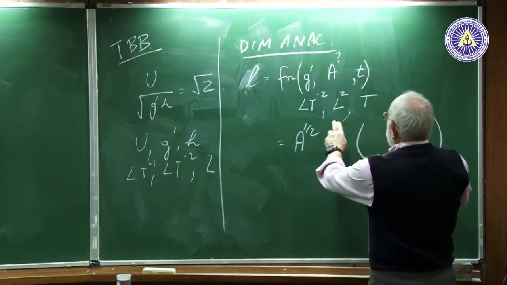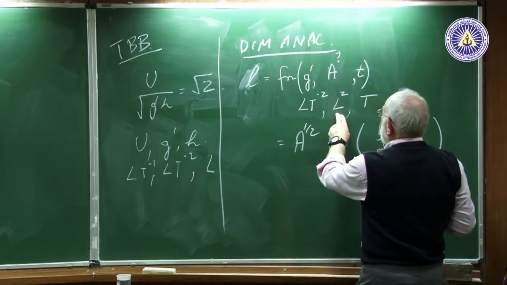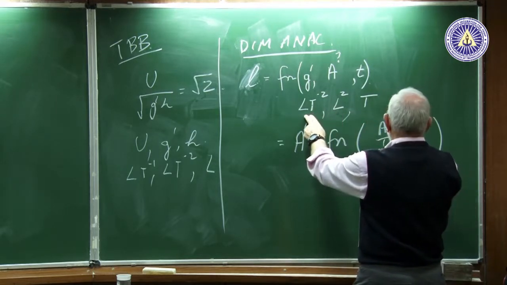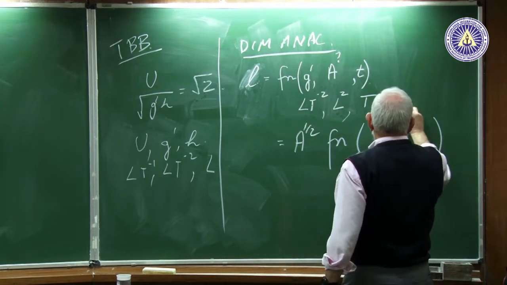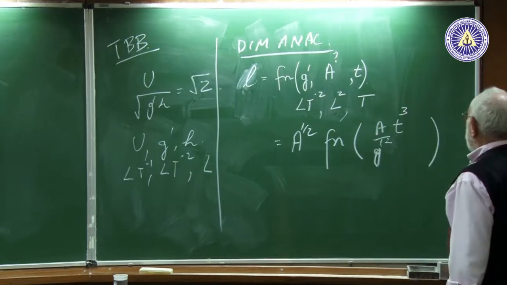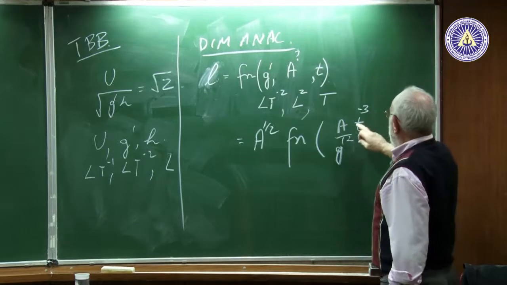And I'll put A over g prime squared. And then I have to put T to the third. And then T to the minus 3. T to the, sorry?